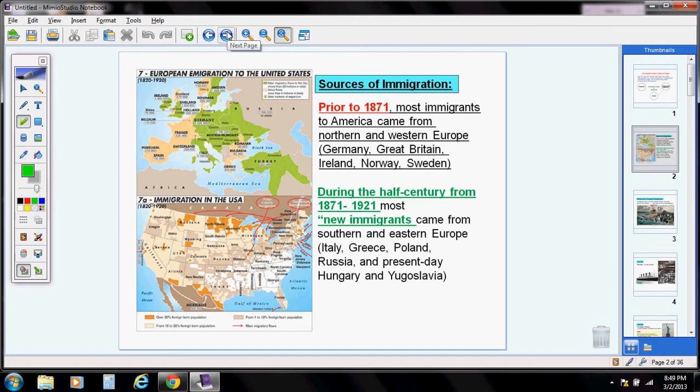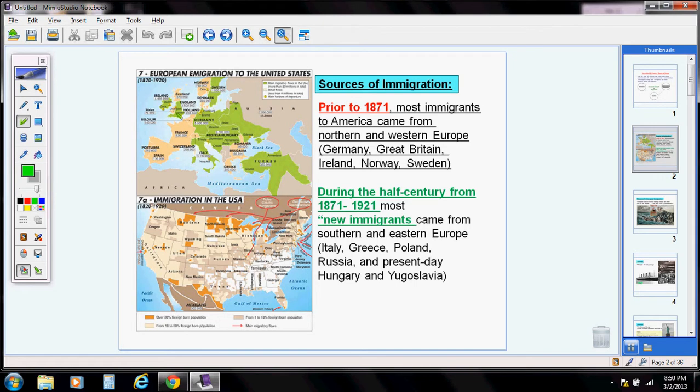Prior to 1870, most immigrants to America came from more northern and western sources, such as Germany, Great Britain, Ireland, even Norway and Sweden. This was the area where most of the so-called old immigrants, the old stock immigrants, came from.